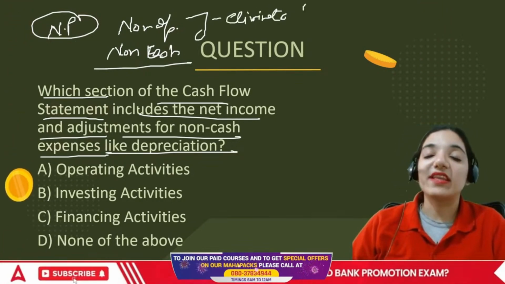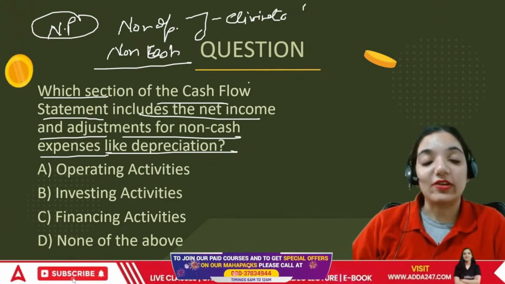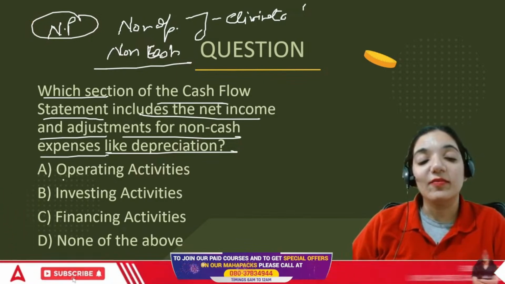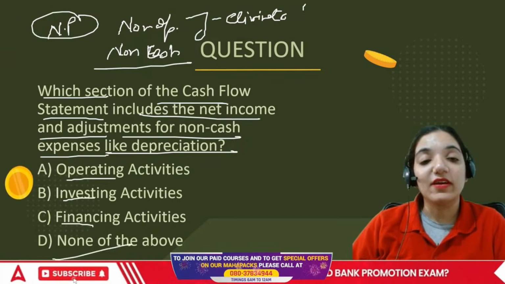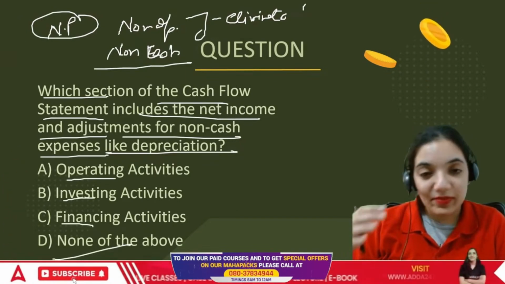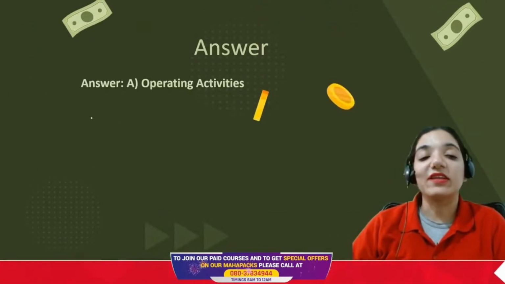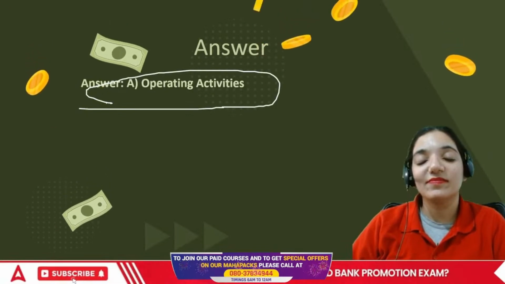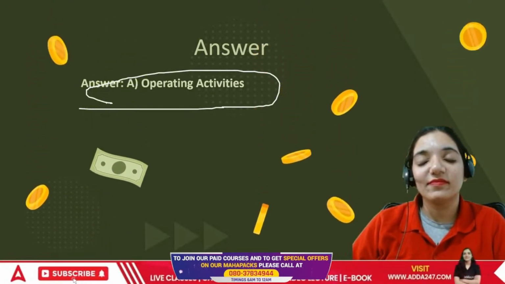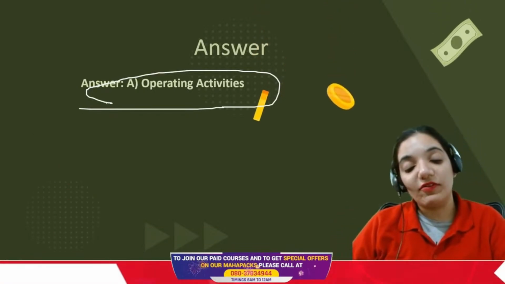If it's a non-operating expense, then add it back. We are going to nullify the effect of that. Be it operating, investing, financing, or none of the above, this is all done in the area of operating activities. Done, everyone? Operating means day-to-day working of an organization.